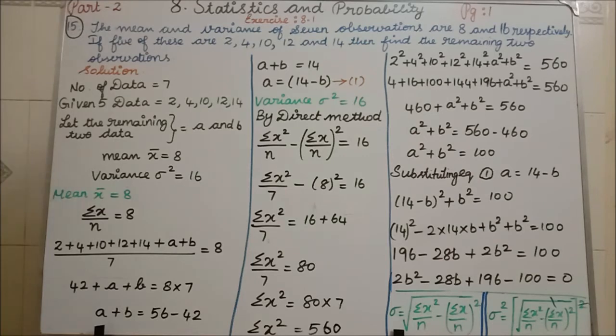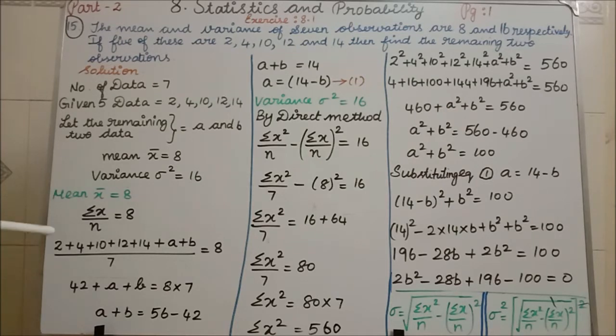Clear? So we know x bar equal to summation x divided by n. We know the formula. So instead of x bar I am writing summation x by n equal to 8. Here summation x means what? The given all the 7 data we are adding, that is the summation x.